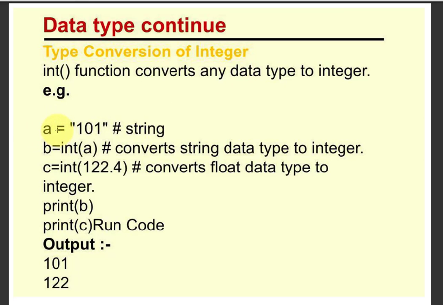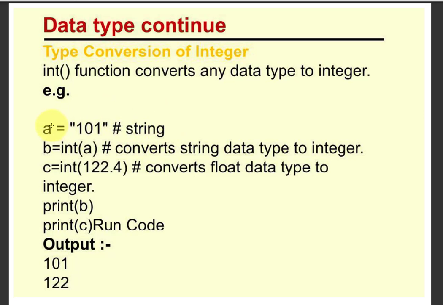Here a equals, within double quotes we assign 101. Whenever we use double quotes and assign anything within the double quotes, that is treated in Python as a string.